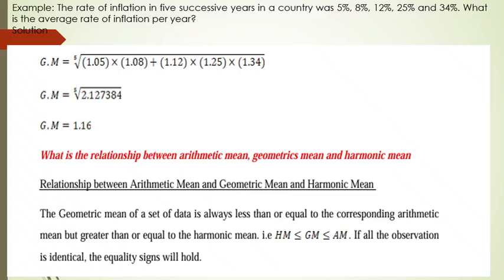Then we convert our answer back to percentage. After calculating and getting 1.194, we take away 1 from it, which gives us 0.194. As a percentage, it should be 19.4%.